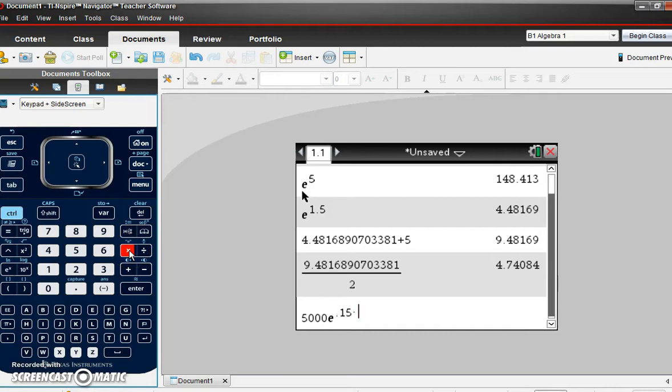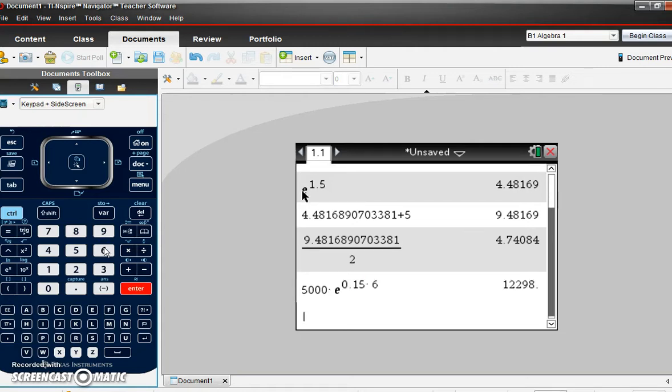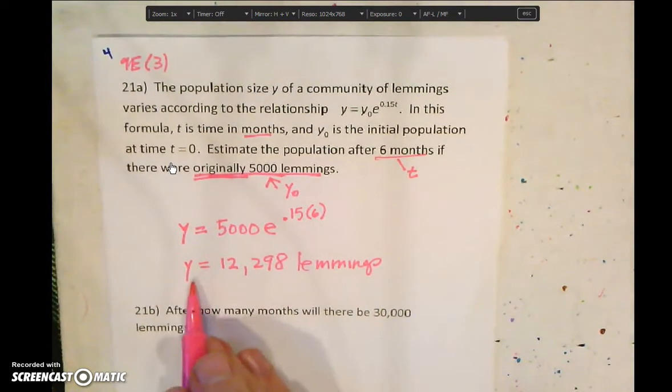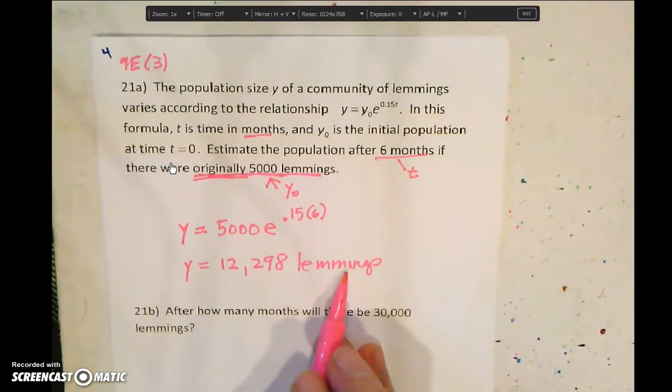So times and then 6. So notice that I don't need to multiply that out. I'm just going to put the multiplication up there and then just push enter to get my answer. And I am going to end up with 12,298 lemmings. All right, so here you have it. I have y equals 12,298 lemmings.